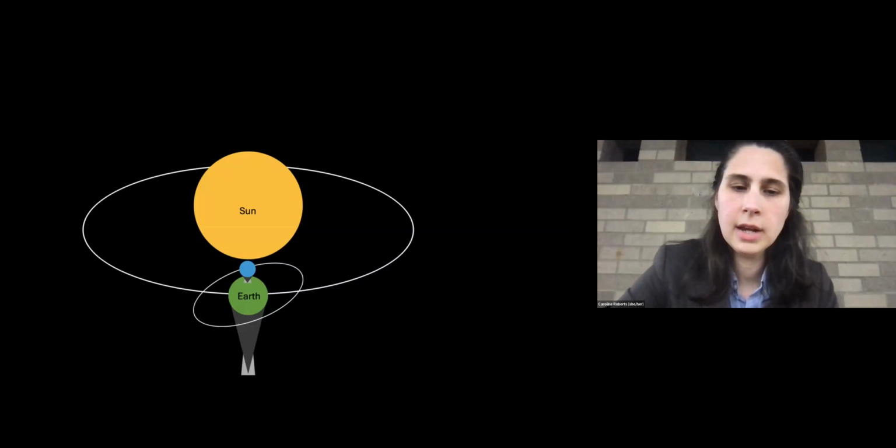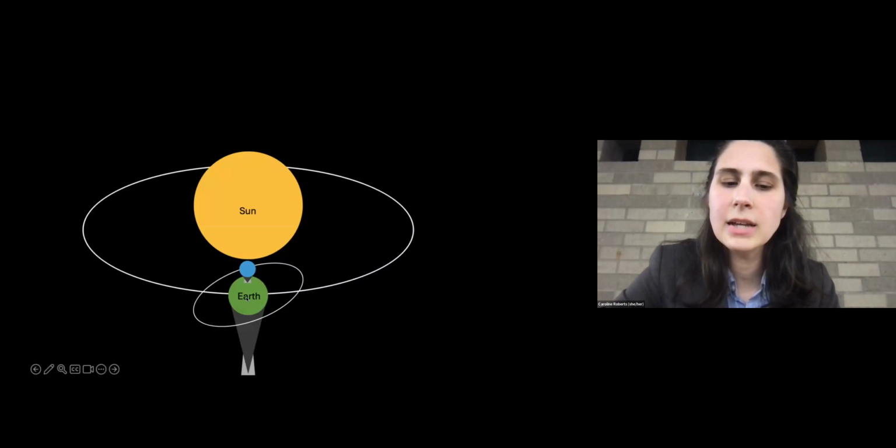But one important thing to think about is that as the Earth goes around the sun, it travels in an oval, a nice flat oval. Think of it maybe as like a pancake that it's traveling along the edge of. And as the moon goes around the Earth, it also travels in an oval. It travels around its own little pancake.